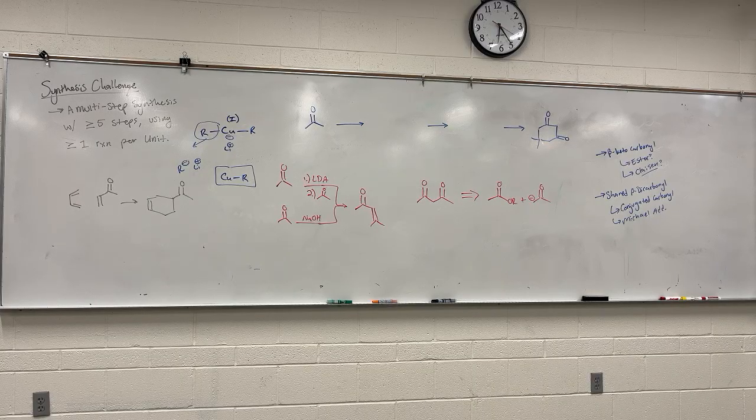Isn't it this one? Yes, you're right. I was numbering that way so I could see. So I know that this is going to have to be the ester. I thought you just said that this was from here. Oh, and you're saying that it's that carbonyl. I guess because of symmetry, it doesn't matter which side you say. Technically 1, 2, 3, 4, and then 1, 2, 3, 4.